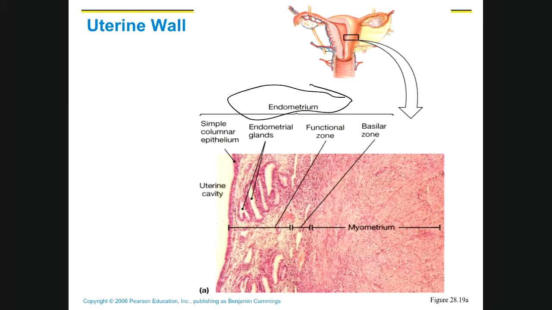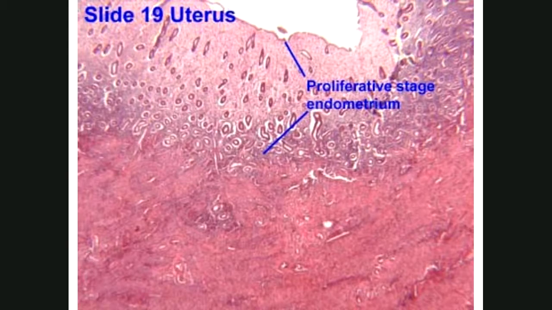So if we look at this endometrium, remember we have two zones. Here's our zone that really doesn't change very much. And there's the zone that does. Well, look, it's not very thick right now, but it's going to grow. And these are glands that are forming in here. And it's going to get thicker.